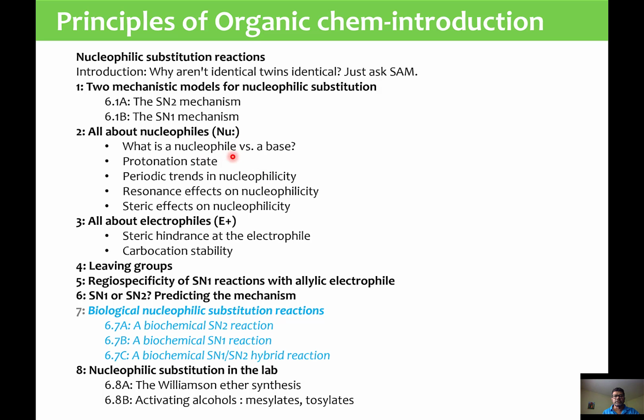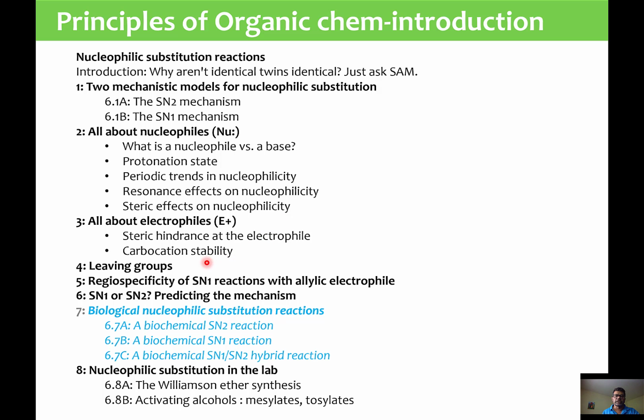Nucleophilicity versus basicity, we will be talking about later. We also need to know a little about the periodic trend for nucleophilicity, what the strong and weak nucleophiles are, the resonance effect on nucleophilicity, and also the steric effect, that is, the size of it and how it can reach its target, right?